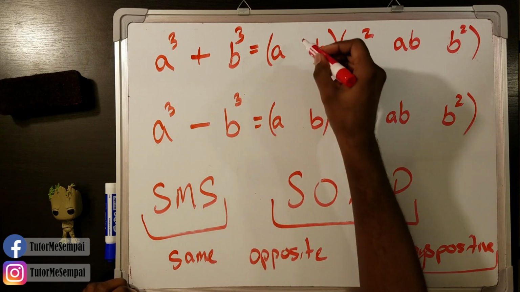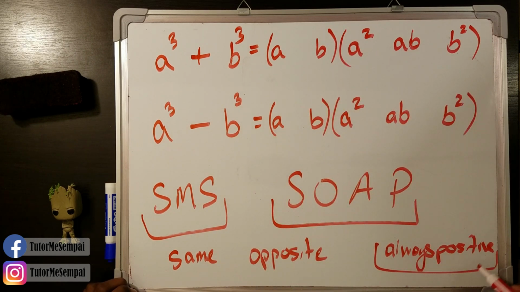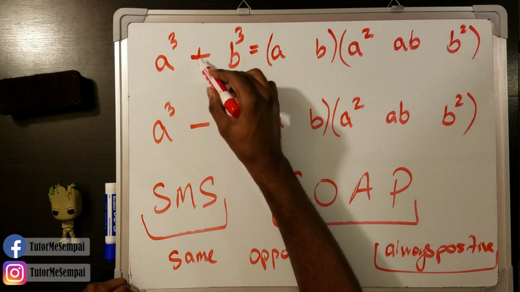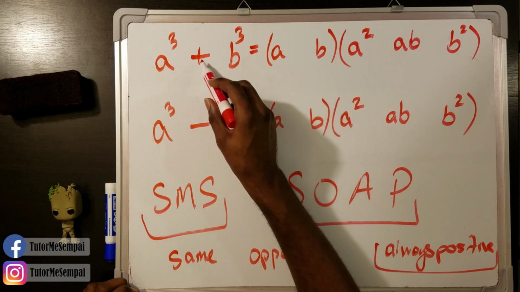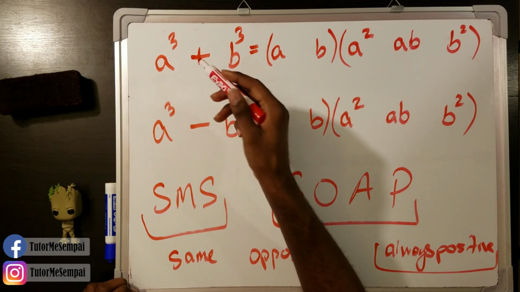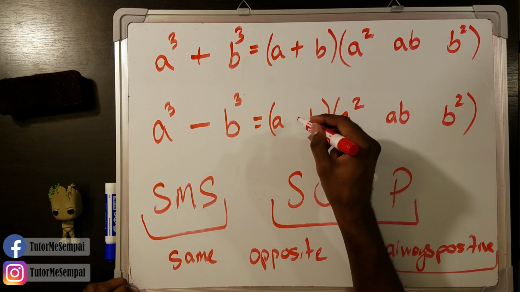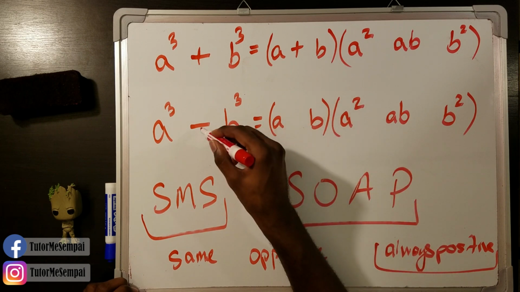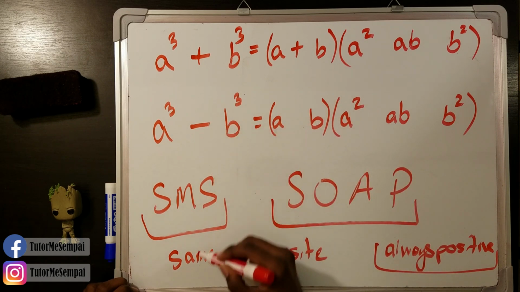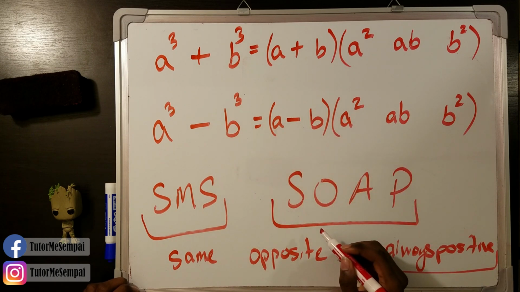The first sign goes here, the second sign goes here, and this is acting as one unit. So same means, are we doing a sum or a difference? Well, because we have addition here, it's a sum, so we're going to have the same sign in here. If you do the same thing down here, are we going to have an addition sign? No, because this is a difference. So to keep the same sign, this is going to be a subtraction.